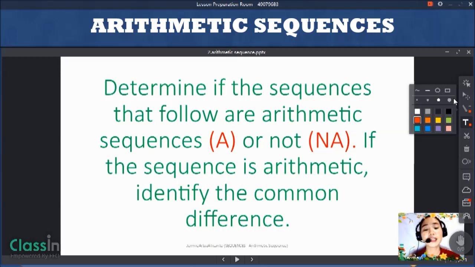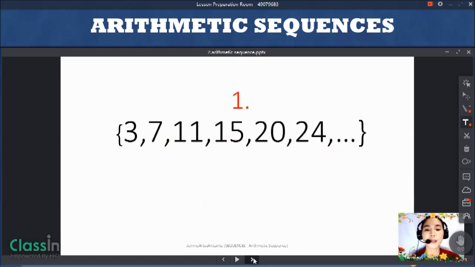Now, if the sequence is arithmetic, you have to identify the common difference. Let's have the first one. We have 3, 7, 11, 15, 20, and 24. Is it arithmetic or not? Write your answer.